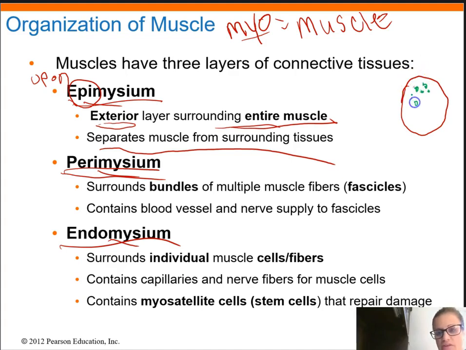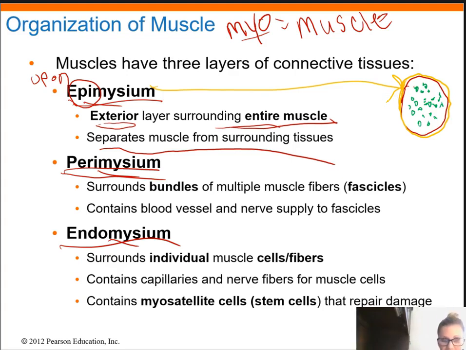So I have a bunch of different muscle cells in here, making up this big deltoid muscle. So this is my big muscle, and my muscle's made up of a bunch of different muscle cells. Around the outside of the whole big muscle, I have my epimysium. Then I have the perimysium.